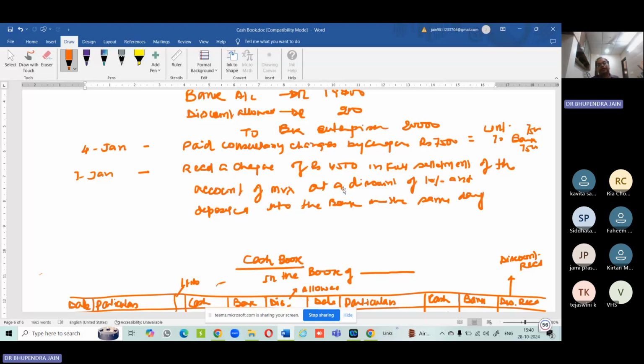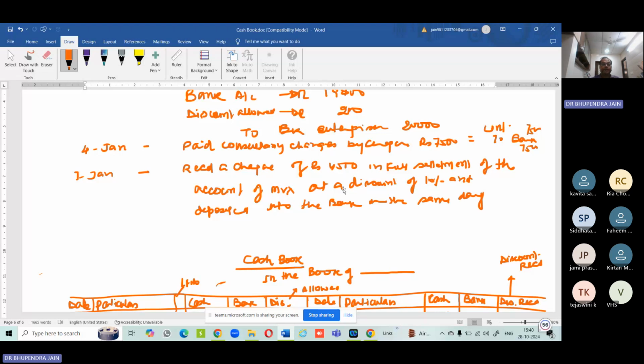Whenever we deposit the check into the bank on the same day, it will always be bank account debit. Or whenever the check is only collected and not deposited into the bank on the same day, in that case, cash account debit to party.